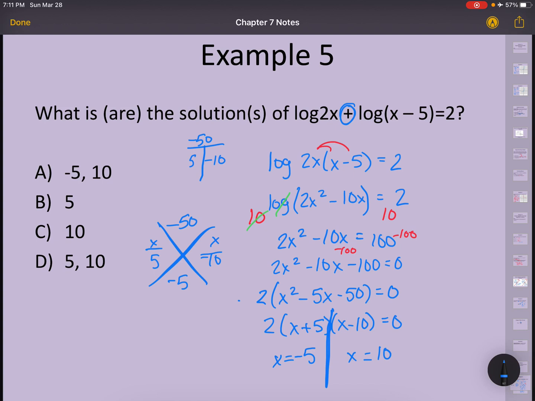Okay, so let's plug these back in. So the log of 2 times negative 5 plus log of negative 5 minus 5 has got to be 2 when I check here.